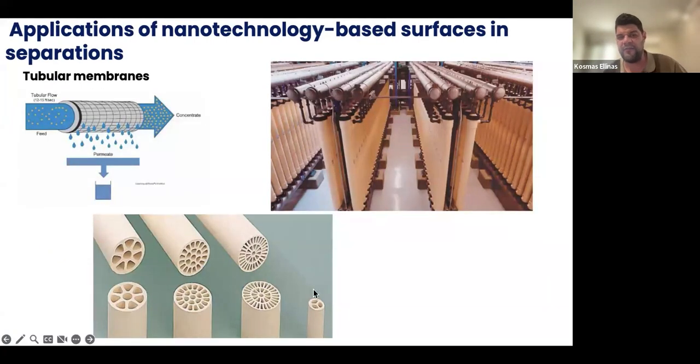Or you can have tubular membranes instead of flat membranes that can even perform better compared to the flat ones. And these micromaterials, nanomaterials, because the size of the pore of these membranes is in the order of several microns to some nanometers, are already in use in several applications.